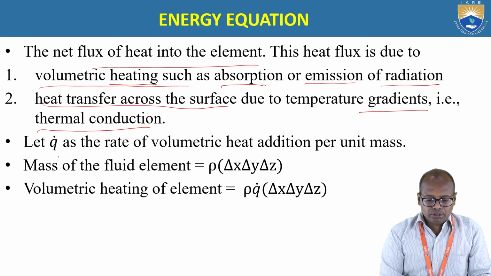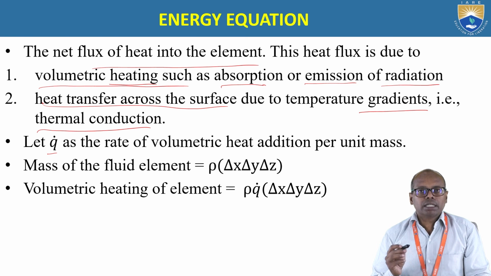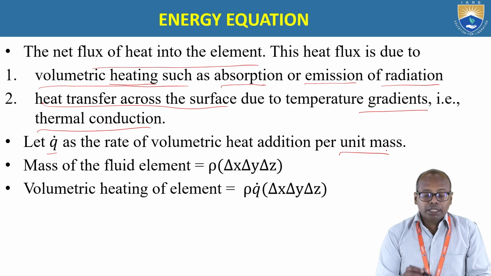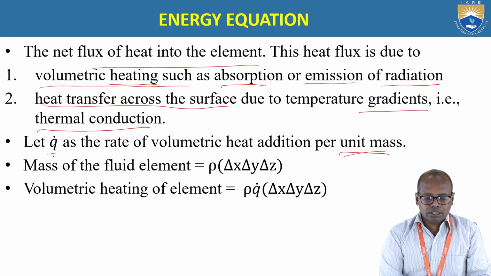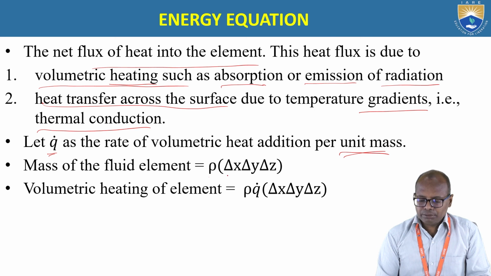Now if Q dot is the volumetric heat added or heat rejected per unit mass, what is the total mass of the fluid element? Mass of the fluid element is equal to volume into the density.